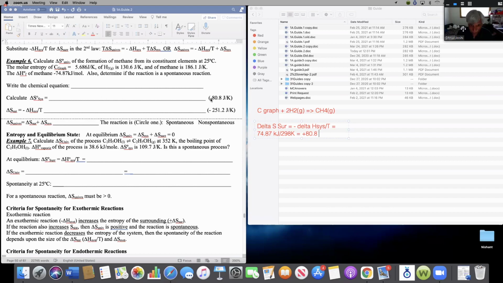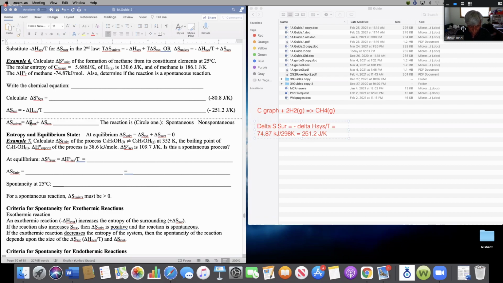And we converted this from kilojoules into joules. That's what we did already. So 80.8 joules per Kelvin. Isn't that equal to 250 joules? Sorry, 250 joules, 251.2 joules. Okay.